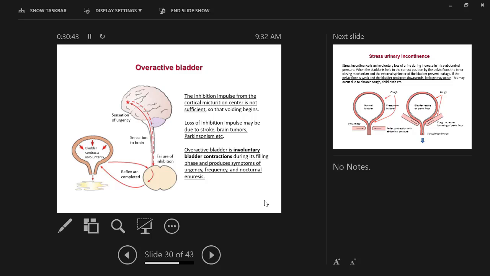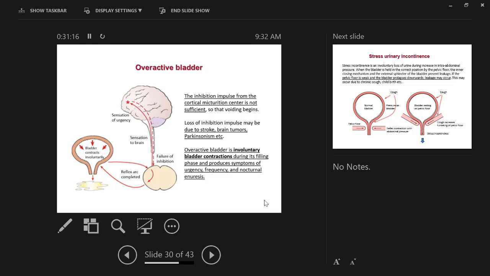Overactive bladder is involuntary bladder contraction during the filling phase, producing symptoms of urgency, frequency, and nocturnal enuresis. Because this inhibition is not working well, the bladder contracts and the urine is leaked. This is a condition you will see a lot in the hospital.